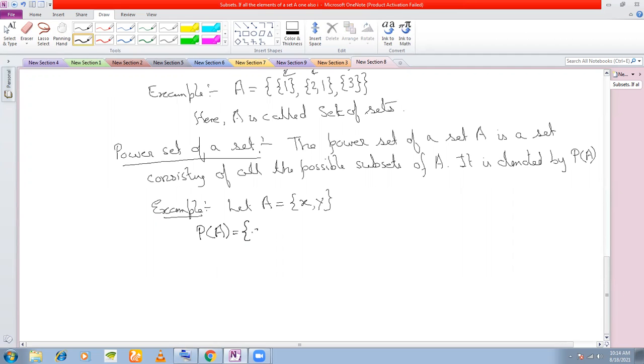What is the first subset of A? The null set. What is the next subset? {x}. What is the next subset? {y}. And what is the next subset? {x, y}. So this is the power set. What you see here is that P(A) contains how many elements?